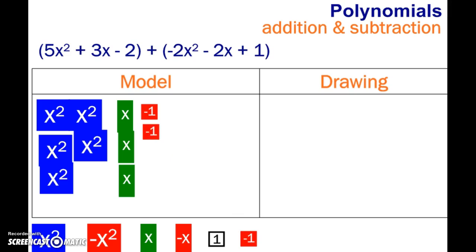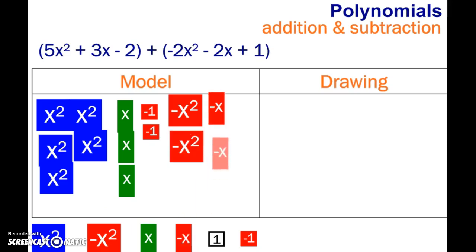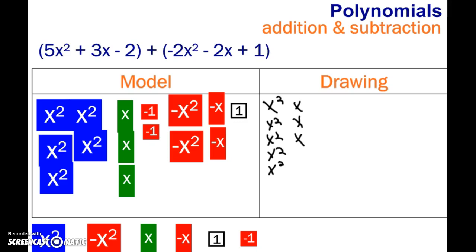We're going to add to that negative 2x squared, minus 2x, plus 1. Now, in the drawing, you need to understand what the model looks like and be able to relate to that. But in the drawing, I'm just going to make the pieces this way. And there again, this is just making something easy for me to look at.